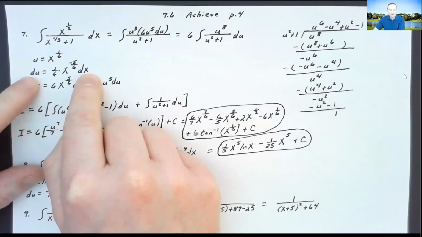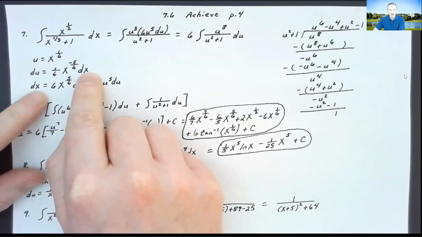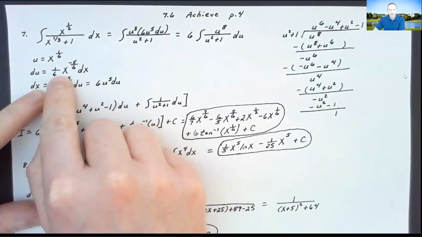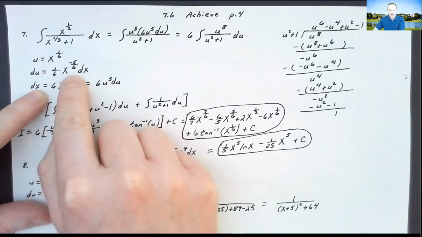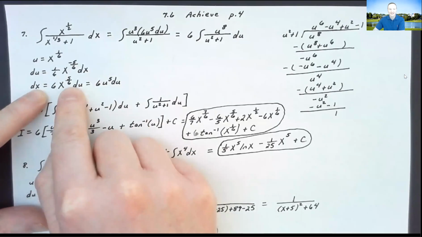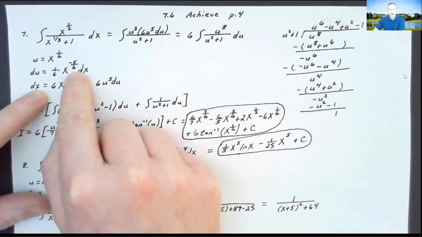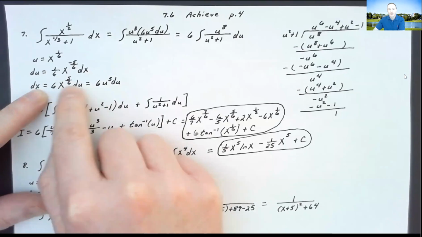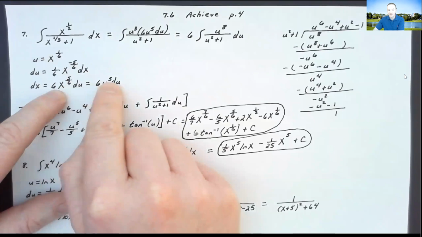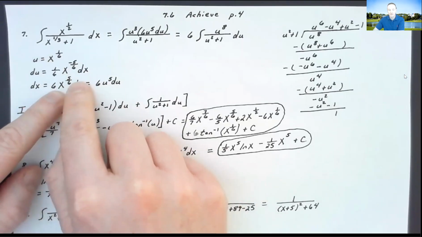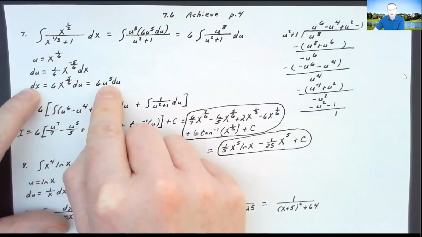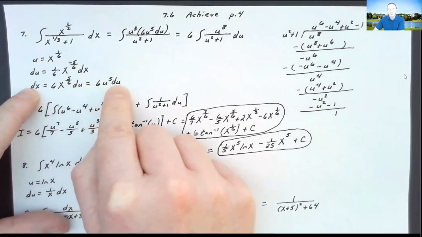If du is equal to this in terms of dx, to get dx by itself, I would have to multiply by 6 and by x to the positive 5/6 power on both sides, and I would get dx is equal to 6x to the 5/6 du. Now if u is equal to x to the 1/6, then u to the 5th is going to equal x to the 5/6. So dx is nothing more than 6u to the 5th du.